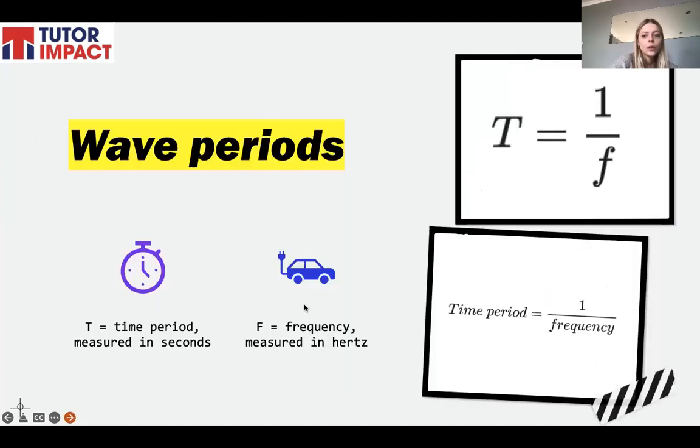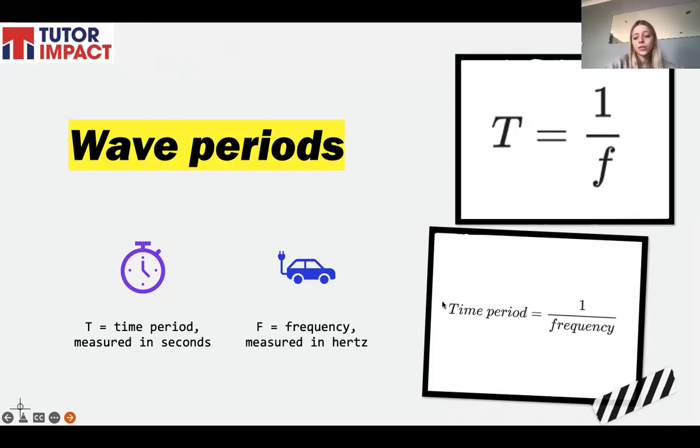Now, moving on, we're going to talk about time period, which we mentioned before. We said before that this is the time taken for a full cycle of a wave, and again, it's usually measured from peak to peak or trough to trough. The time period of a wave can be calculated using this equation.